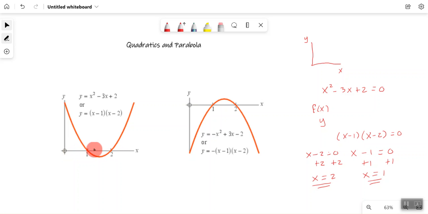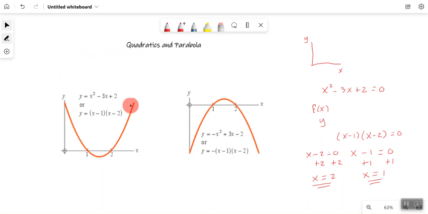You can use that on the graph: here is where y is equal to 0, and if we go across, we can see that this is the first value of x when y is 0, and this is the second value of x when y is 0. These are, in other words, known as the roots for the parabola, or the roots for the particular quadratic.